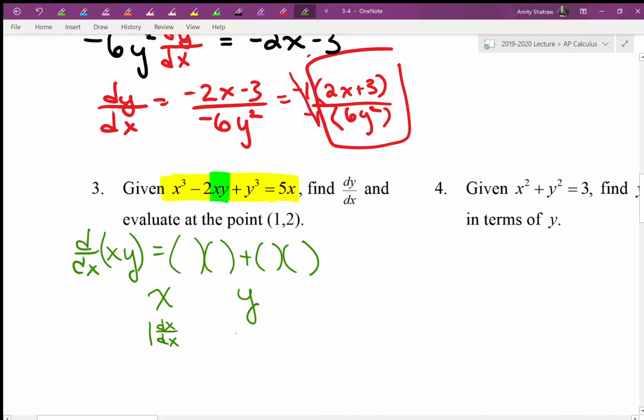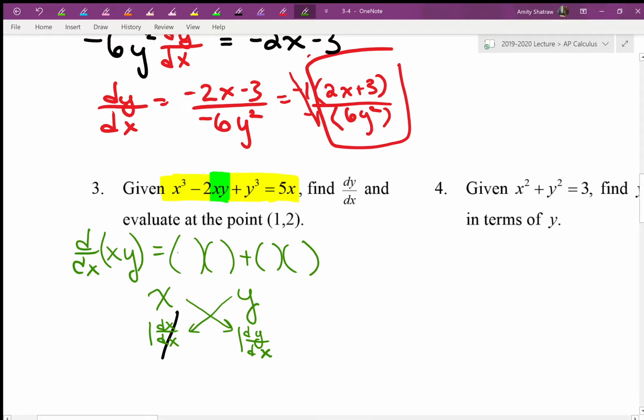And the derivative of y is also 1, but because I took the derivative with respect to y, I'm going to say dy dx. Okay, and then we say it's like cross multiplying, and we go ahead and start filling stuff in. I'm not going to write down the dx this time because I know that I took the derivative there.